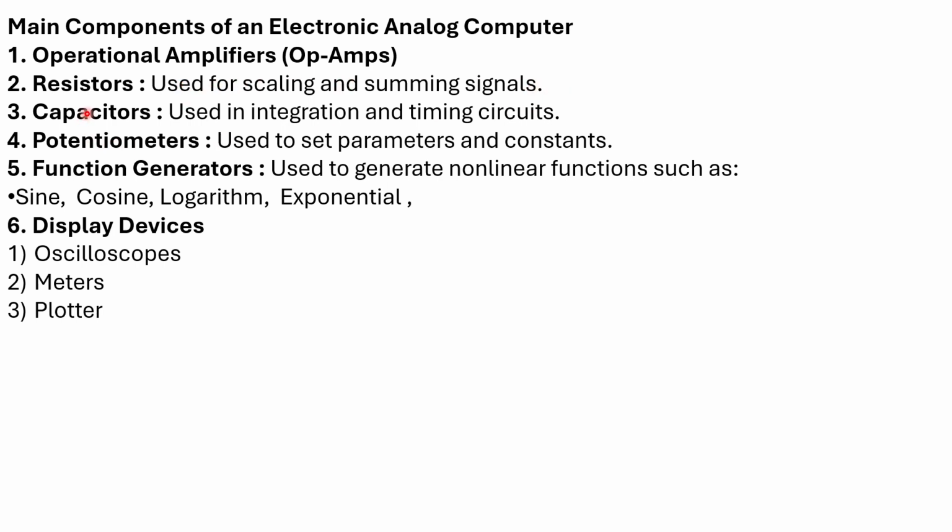Similarly, capacitor used in integration and timing circuits. Potentiometer used to set parameters and constants. Function generator used to generate nonlinear functions such as sine, cosine, logarithm, exponential values. Sixth, display devices may be used like oscilloscope, meters, and plotters.